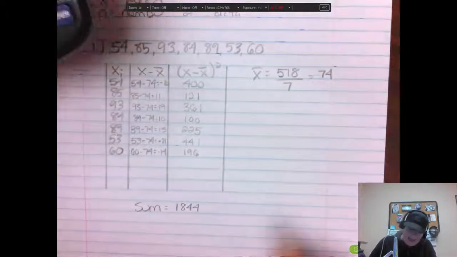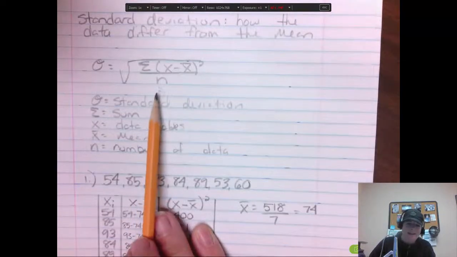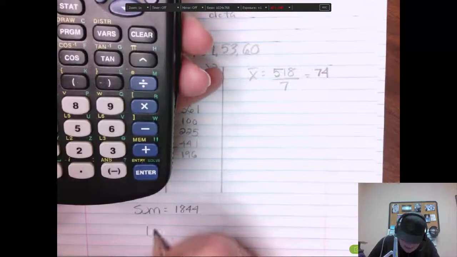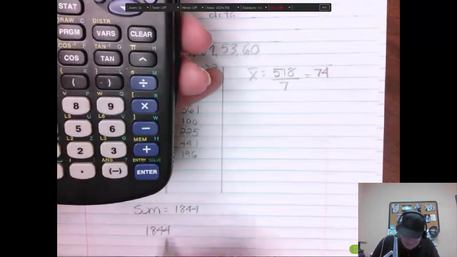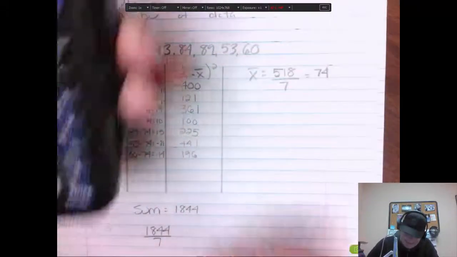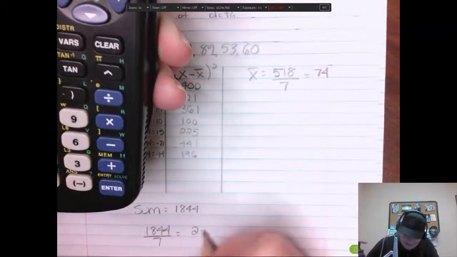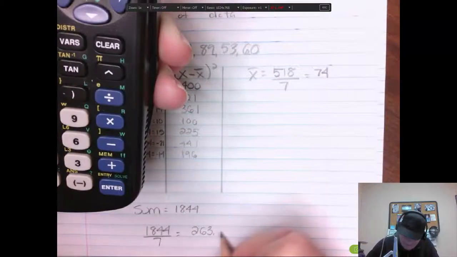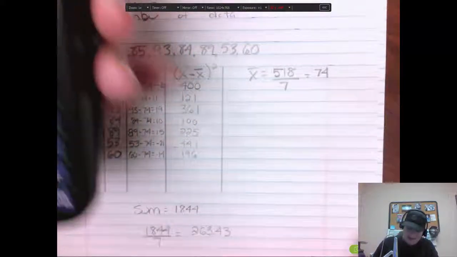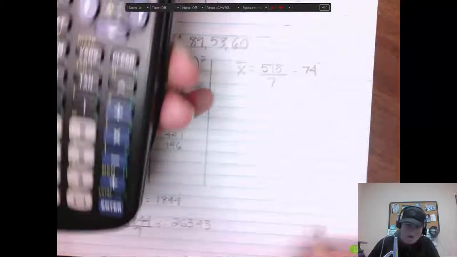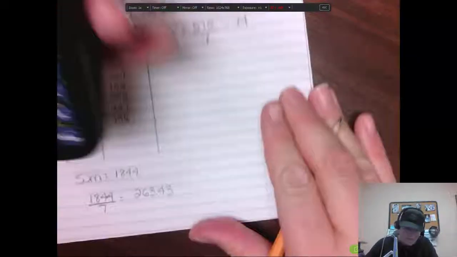And what do we divide it by again up here in the formula? N, the number of numbers that you had. So then I'm going to take this 1844 and divide it by 7. Okay, I'm going to get 263.43 blah blah blah. Now I have to take the square root and that will give me my final answer.